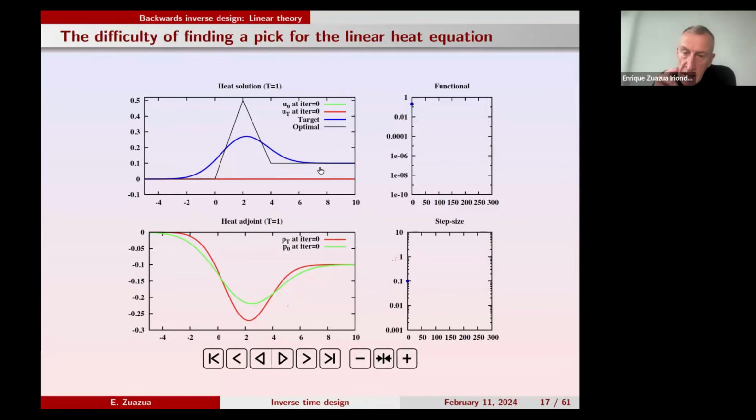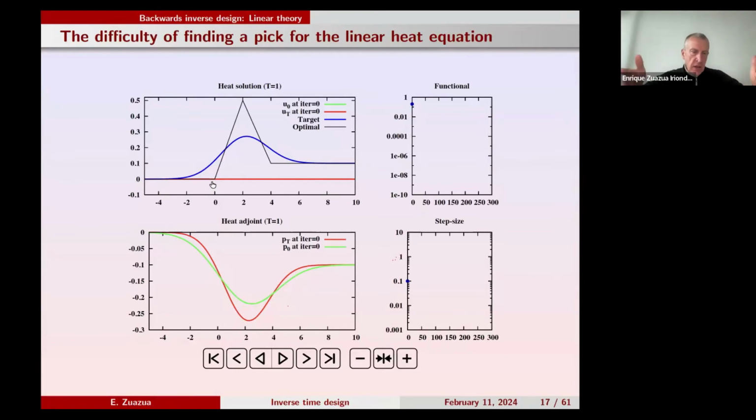But now, what is the computational exercise? The computational exercise is now I erase this black initial datum. I just give you the blue measurement of today, and then I ask you, can you please tell me what the initial datum was yesterday at t equals 0?